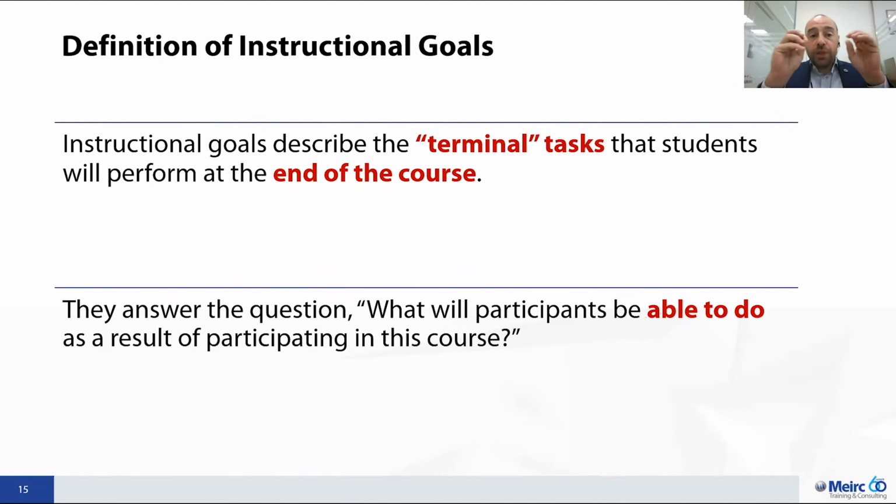What happens within the learning space is measured through instructional goals. So the instructional goals, unlike the performance objectives, describe the terminal tasks that learners will perform at the end of the course and not on the job.